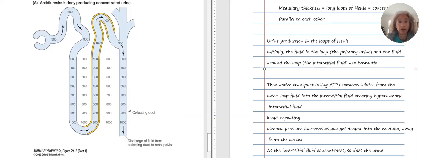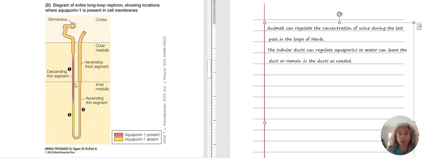And then finally, when that urine exits the final loop of Henle into the renal pelvis, it is going to be at the osmotic ratio that is necessary for the body at that time, and it will also be isosmotic with that interstitial fluid that surrounds it. And then again, those tubular ducts are going to regulate the aquaporins, so water can either leave or stay in the duct as needed, and that's going to happen in that final nephron.